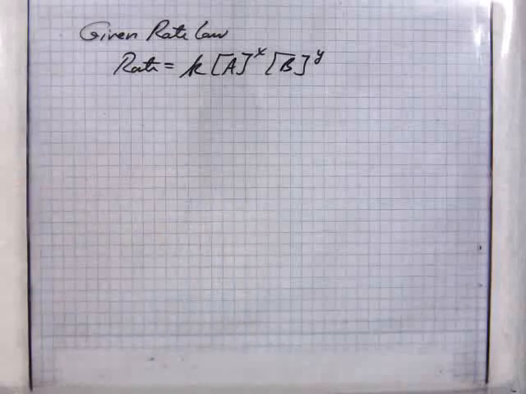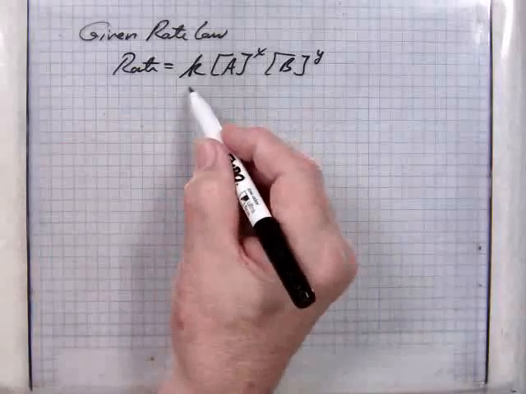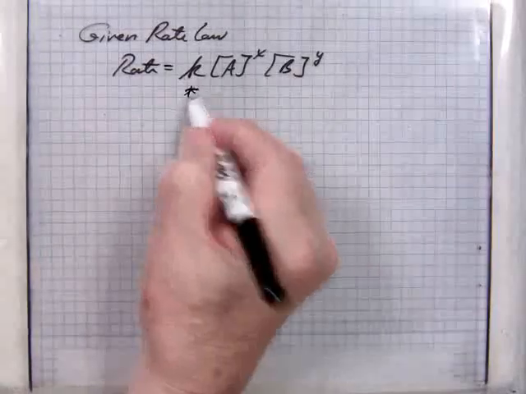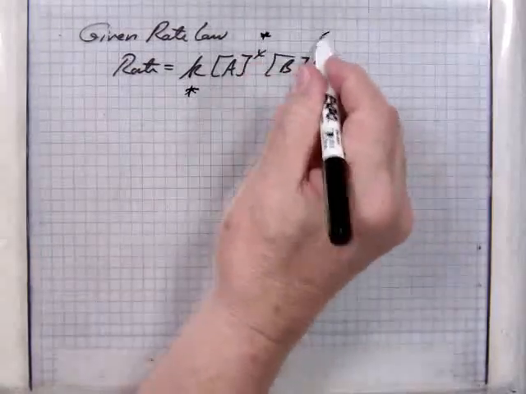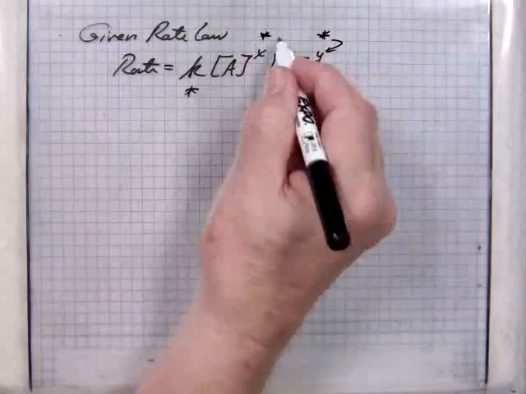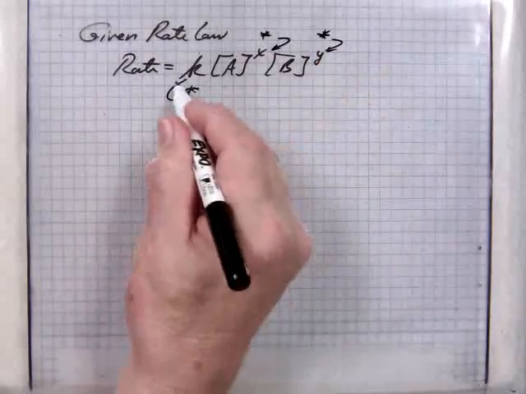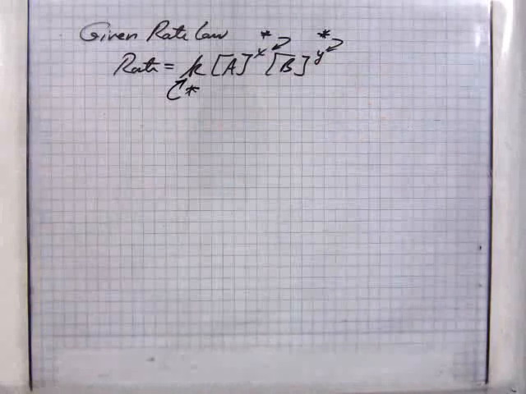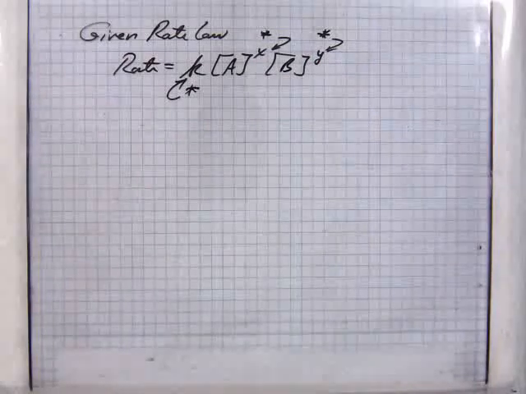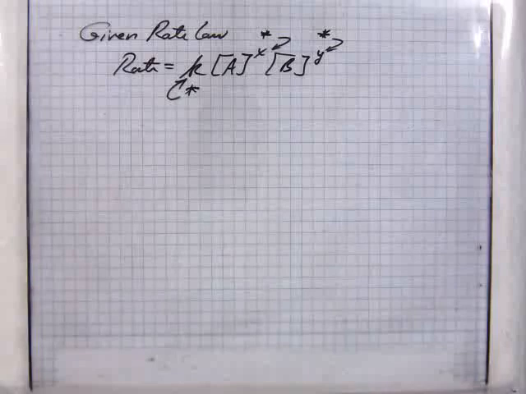The values that you will be trying to obtain in your experimental work will be the x, the y, and the k. So this is the focal point of the experiment or the data that you have to evaluate.